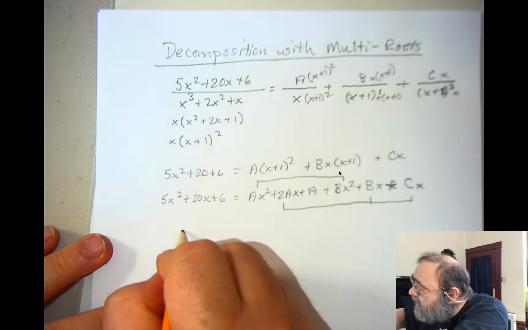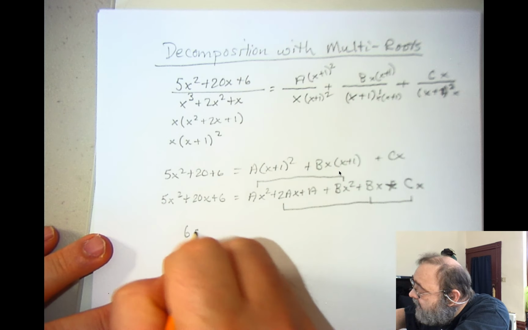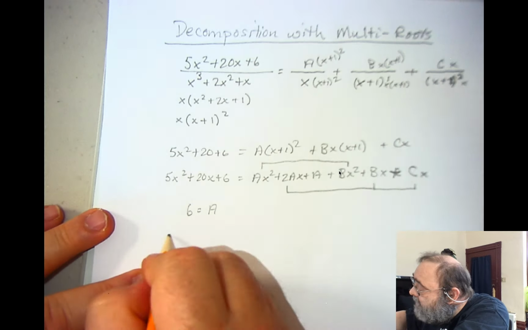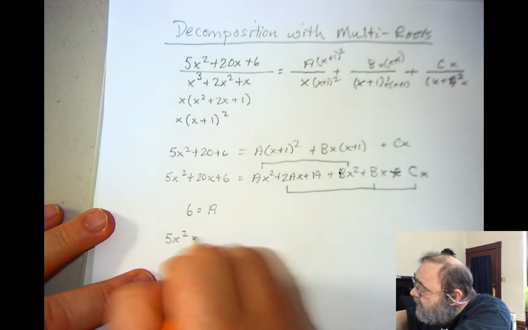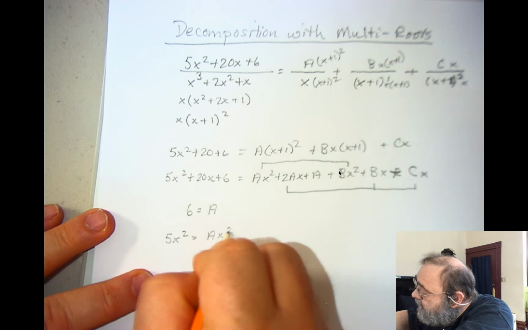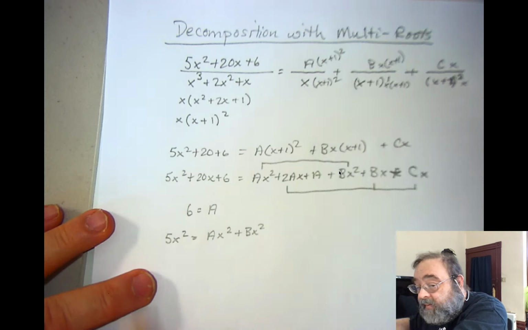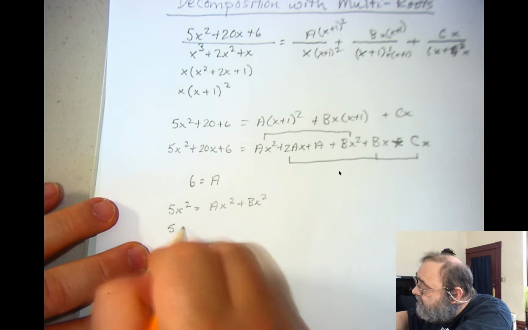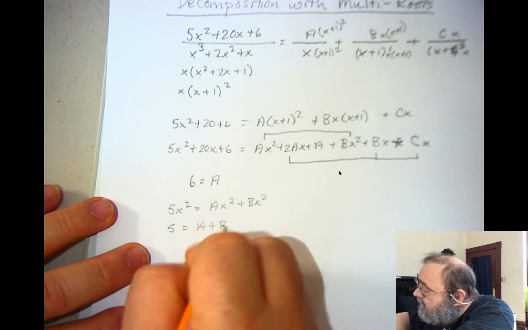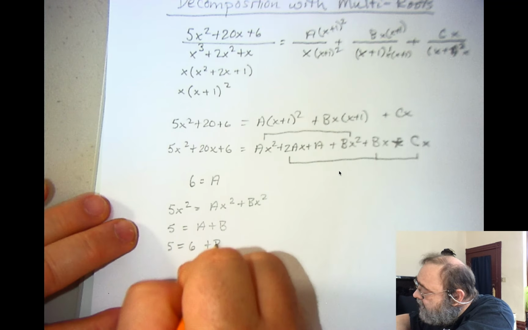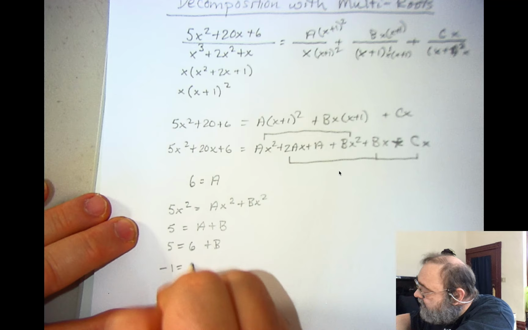Now, this is going to make my life very easy because I then know that a is equal to 6, and when I combine my 5x squared equals the ax squared plus bx squared, factoring out the x squared and dividing will allow me to get 5 equaling a plus b, but I already know what a is and can quickly substitute and solve for b equaling -1.